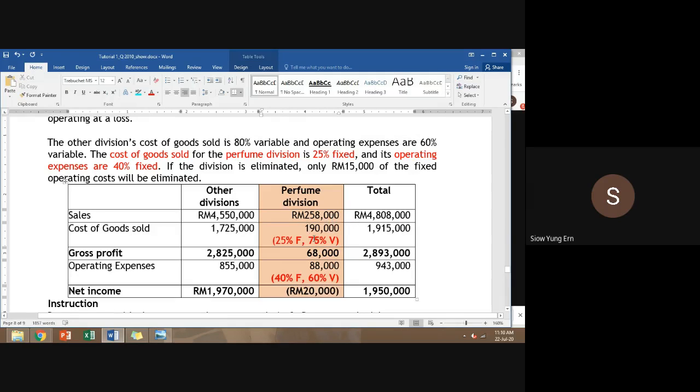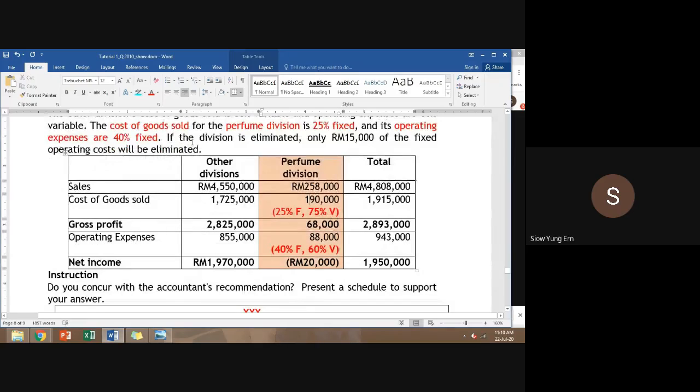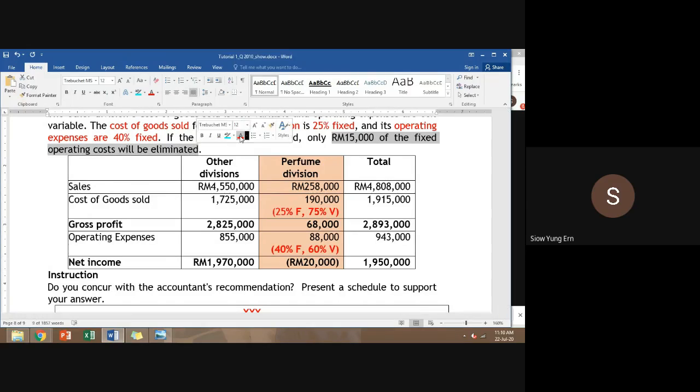One more sentence: if the perfume division is eliminated, only 15,000 of fixed operating costs will be eliminated. That means fixed cost of goods sold cannot be eliminated.